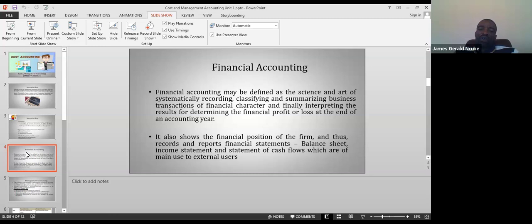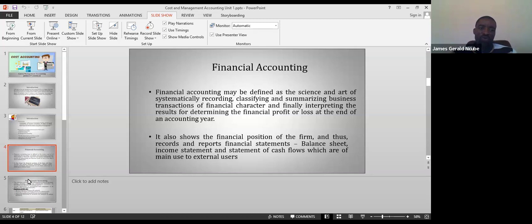All this information is contained in the balance sheet. And we also have the income statement and statement of cash flows, which are also mainly used by external users.